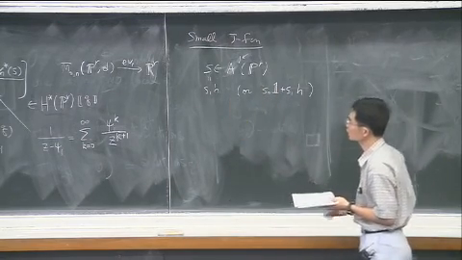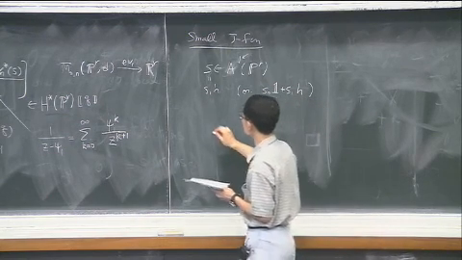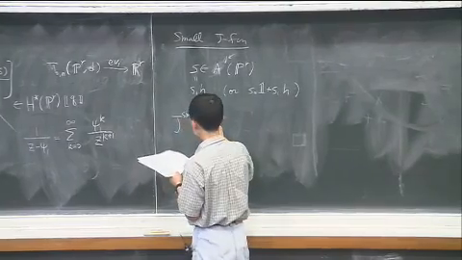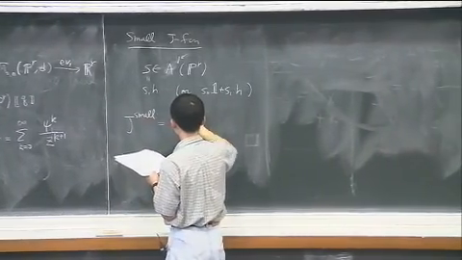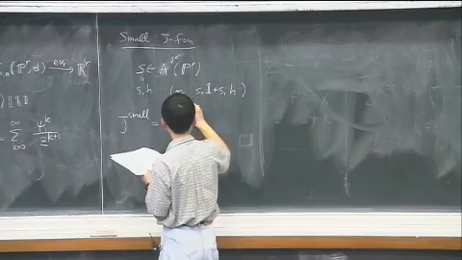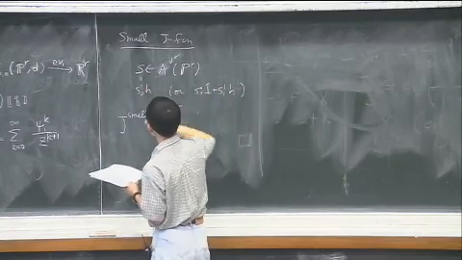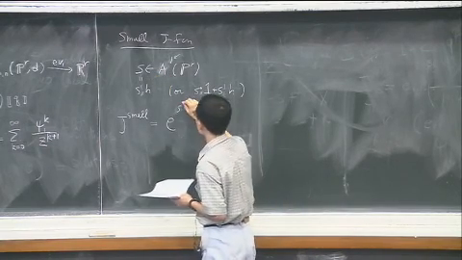If you restrict everything to this, then your small J can be written as an exponential.